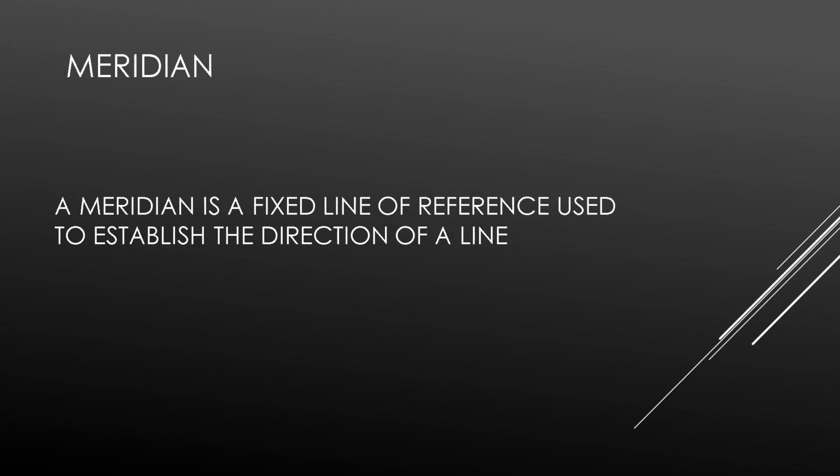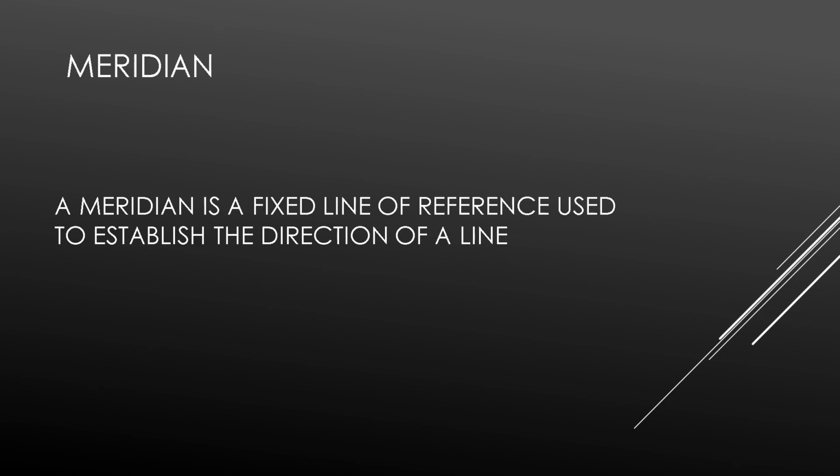So think of the meridian as our starting or reference direction. Once this reference line is established, we can measure an angle from it to determine the direction of another line. This allows surveyors to describe whether a line is oriented toward the north, south, east, or west, and by how many degrees.